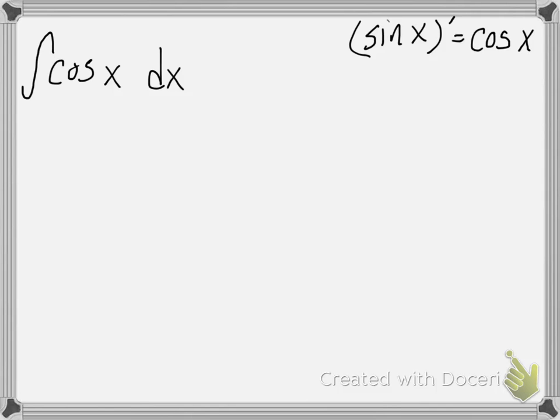Alright, so we're wanting to do the integral of cosine x dx, and like I said before, right up here is our little derivative chart. If we want cosine x in there, then we need to take the derivative of sine x plus some constant.